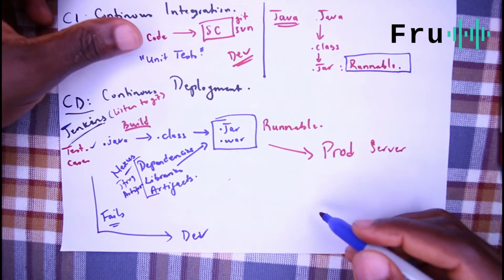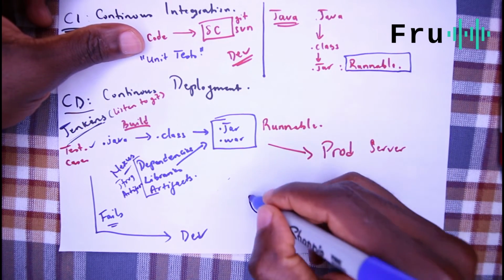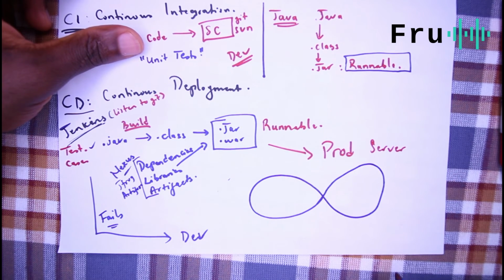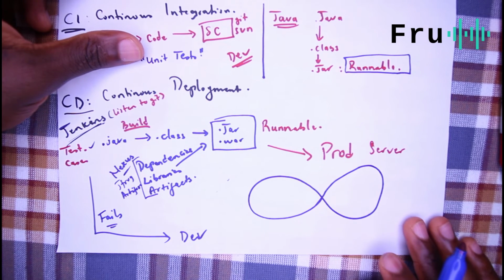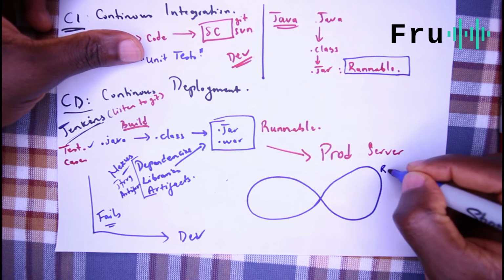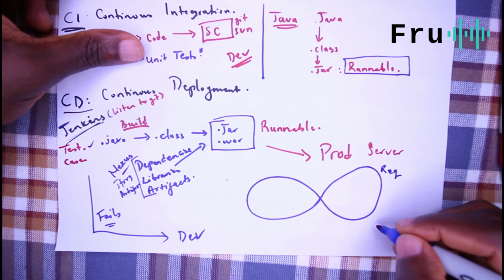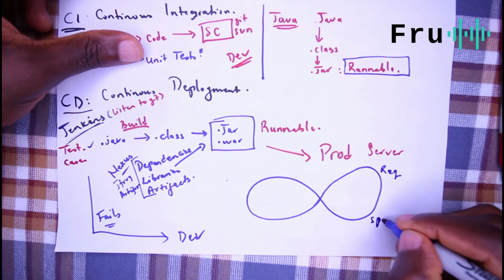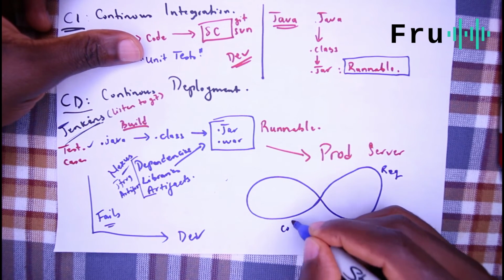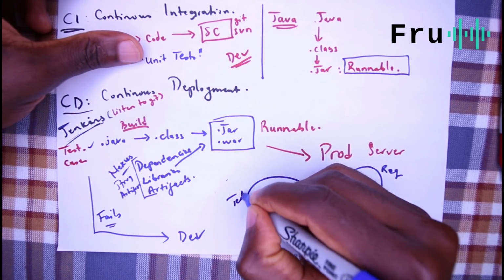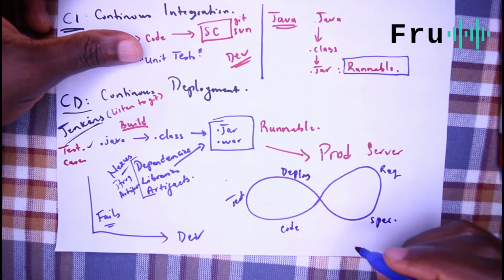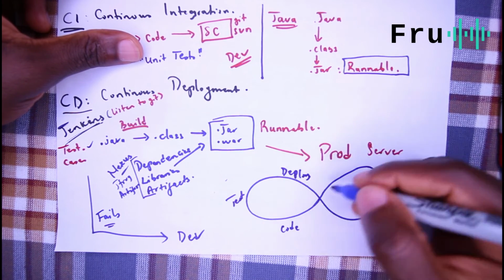So when you think about CI/CD, this is how people would always draw something like this. It's kind of an infinity symbol, from my days doing math, where somewhere here you'll be gathering requirements and specifications, and then here would be code, test, deploy, and then monitor.